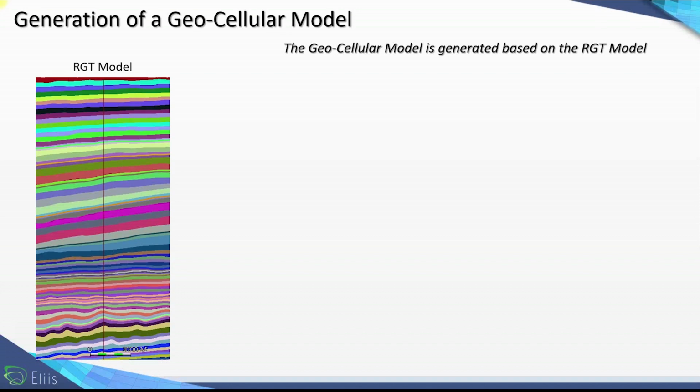So just to remind you how PaleoScan works, in PaleoScan we are creating a relative geological time model, which we name RGT model. This is the image you can see here to the left. And this model is made of a continuous series of color vertically, and the series of values behind it is infinite, so that we can create a surface, a boundary at any point of the RGT model.